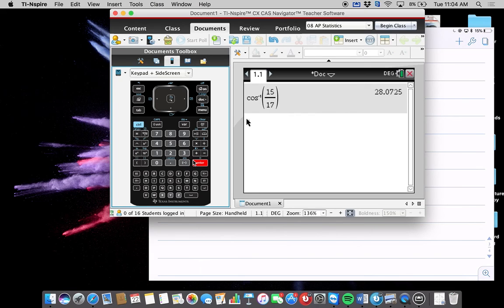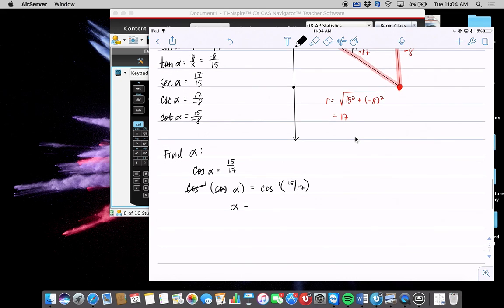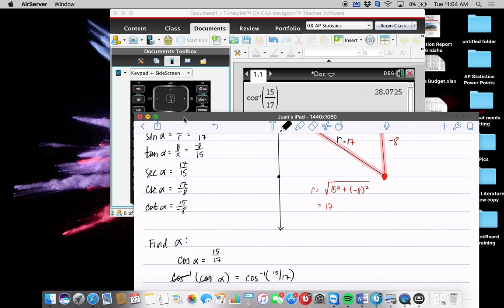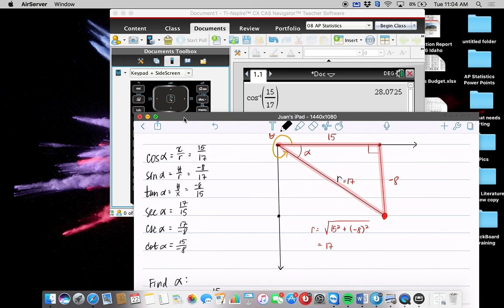So this angle right here is 28.0725. Assuming that it opens clockwise, there should be a negative value.